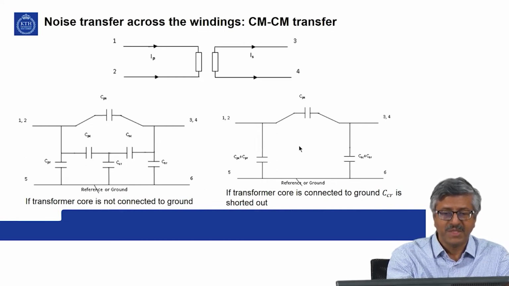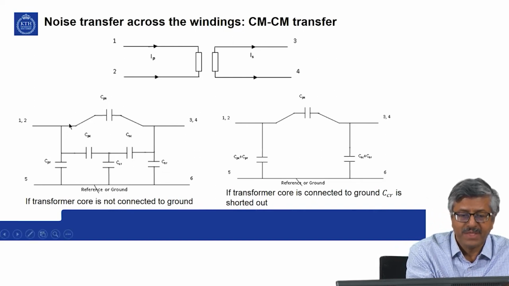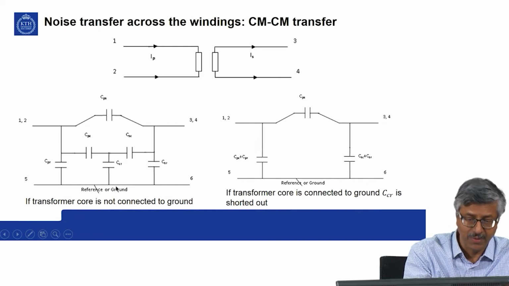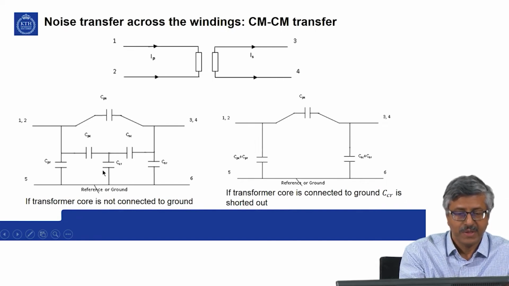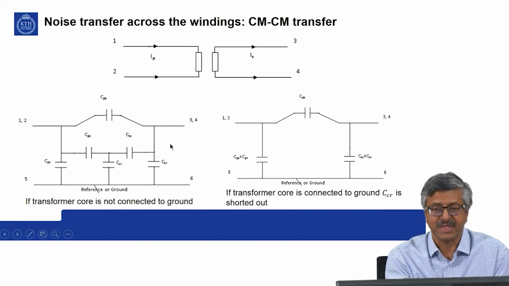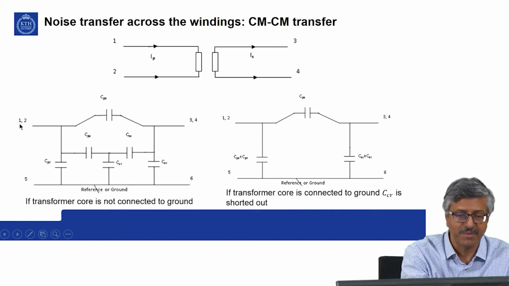What happens is that if the core is not connected to the ground, this is the capacitance across the windings: primary to the core PC, secondary to the core SC, and core to the ground. So, this will be the kind of network of capacitances for common mode to common mode transfer. So, 1 and 2 are the same terminal here.